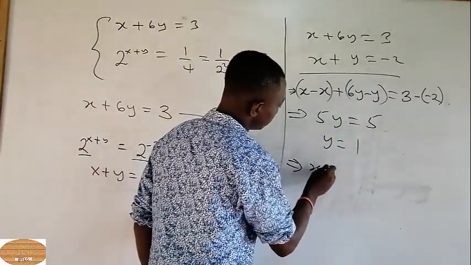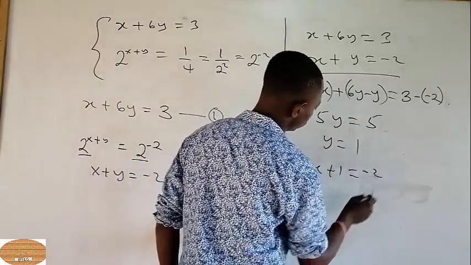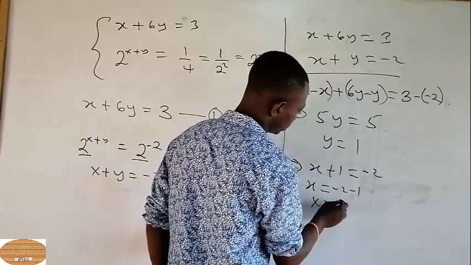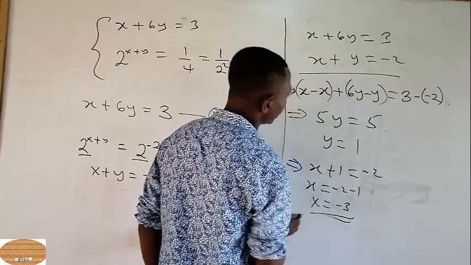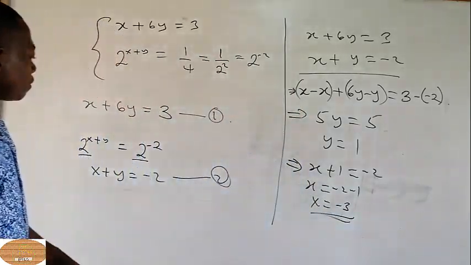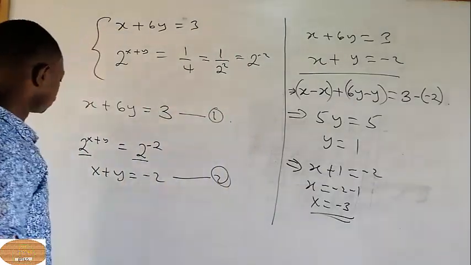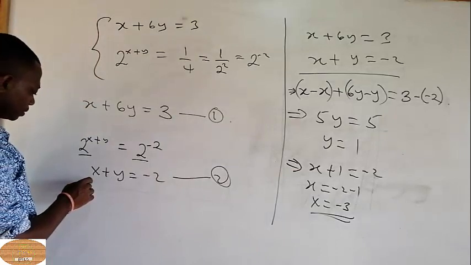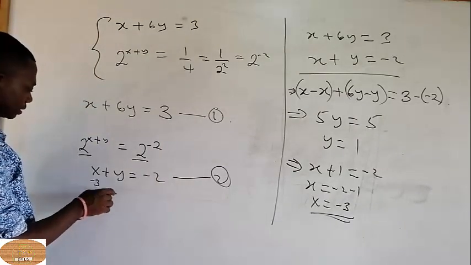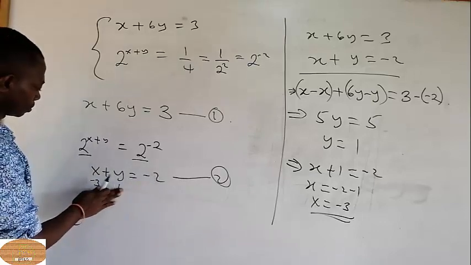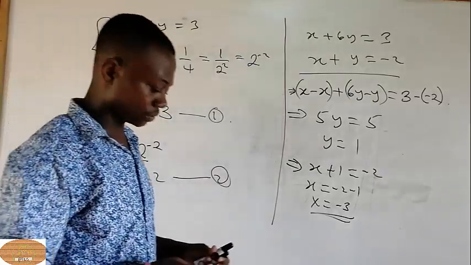So x plus 1 is equal to minus 2, therefore x is equal to minus 2 minus 1, so x is minus 3. So x is minus 3 and y is positive 1. Let's check: minus 3 plus 1 is minus 2. Correct. So that's all.